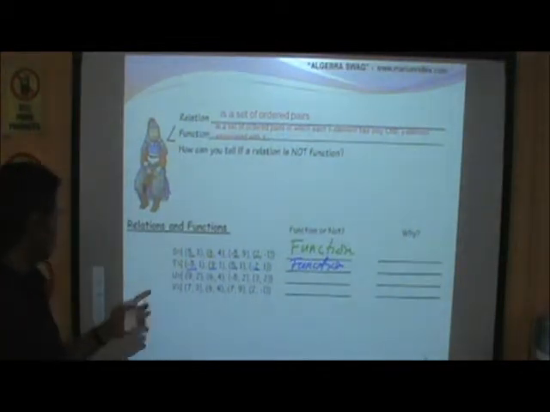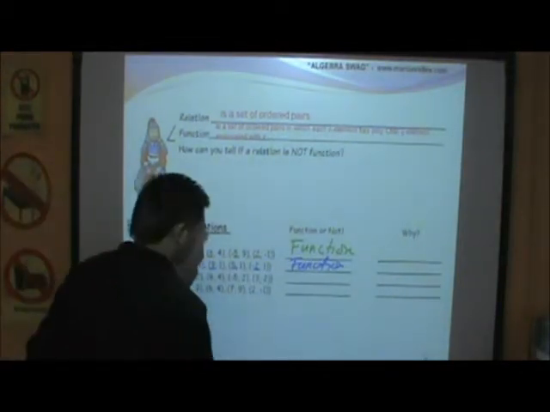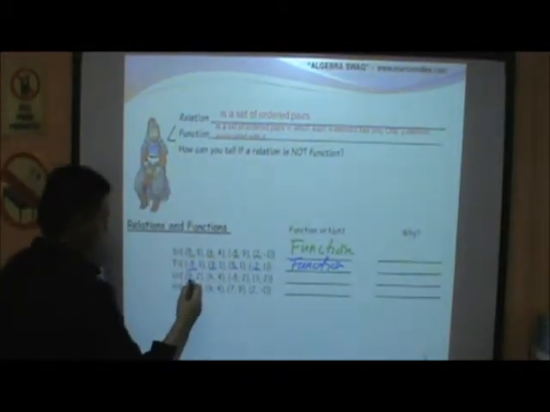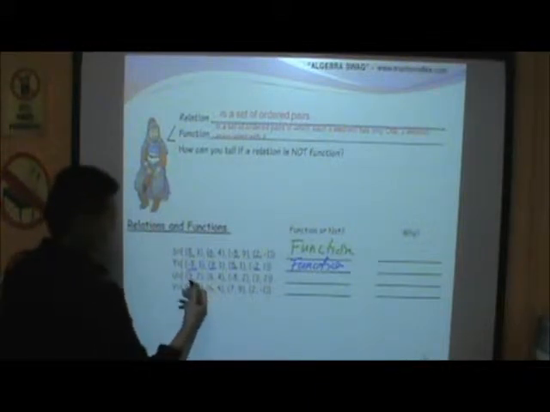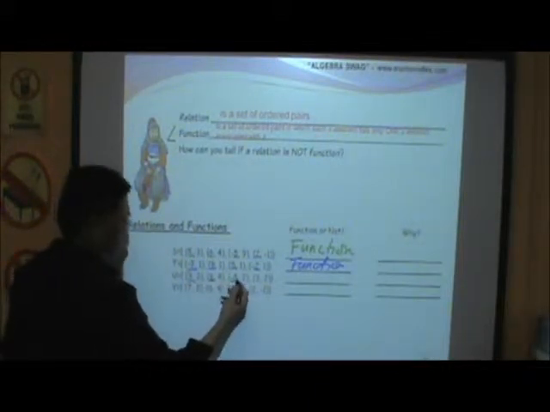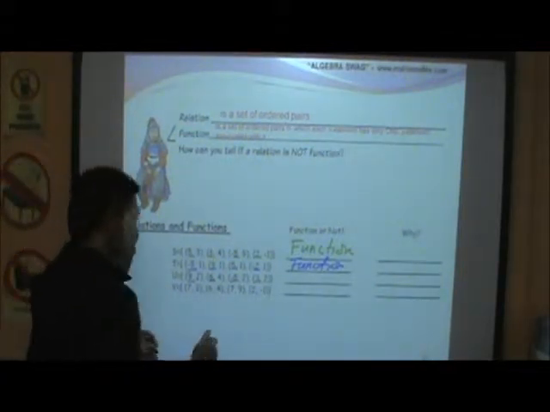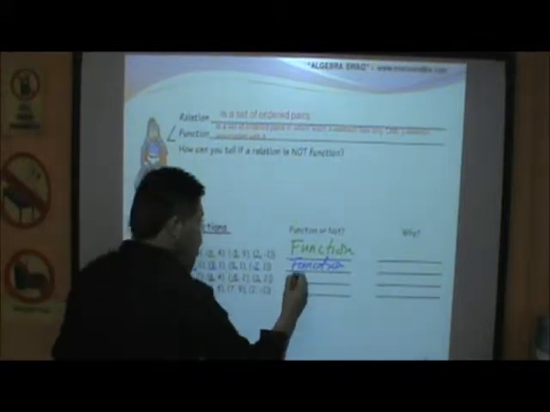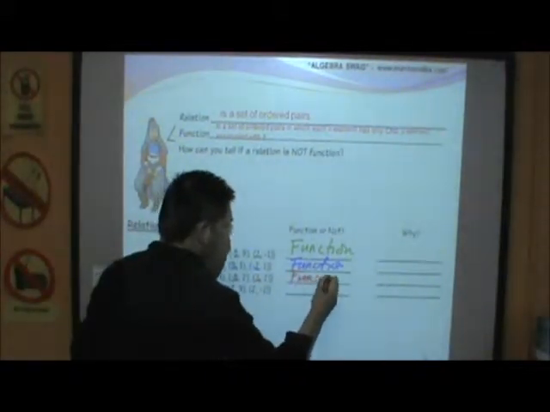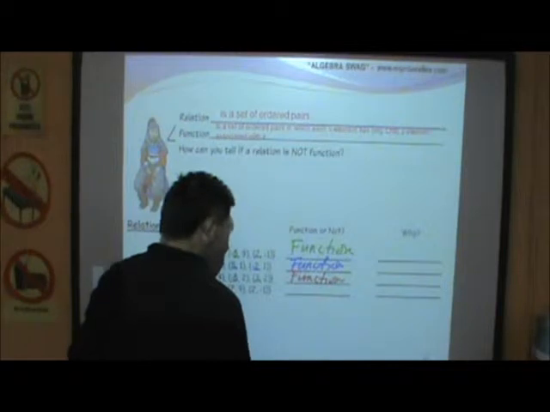Now, how about set U? Let's underline the x's: 9, 6, -5, and 3. Again, none of the domain is repeated, so that's why we can say that it is a function.